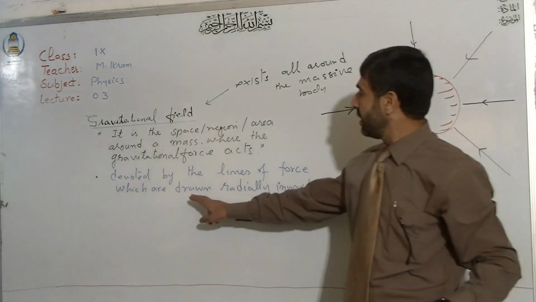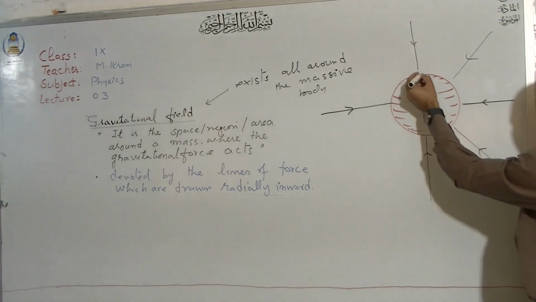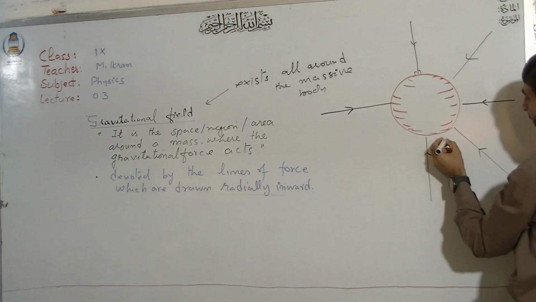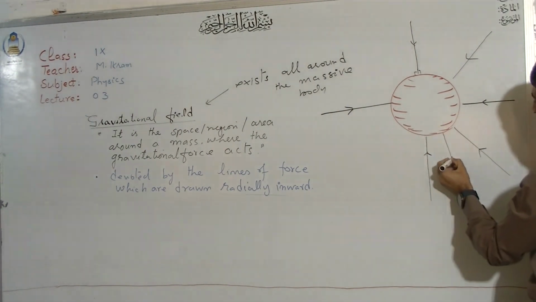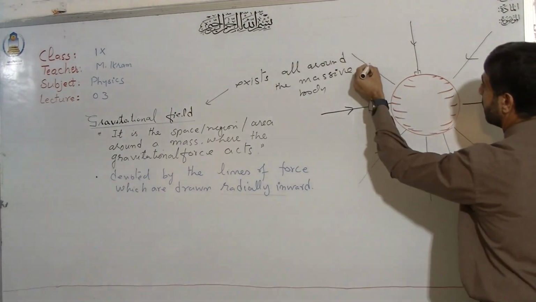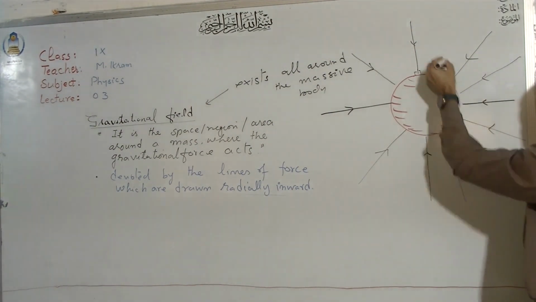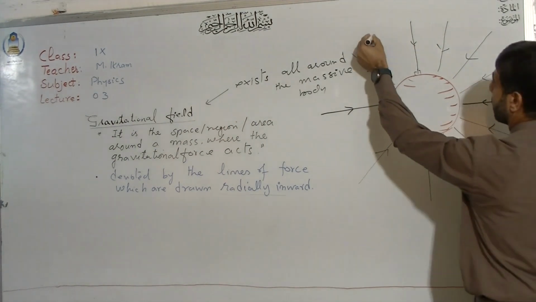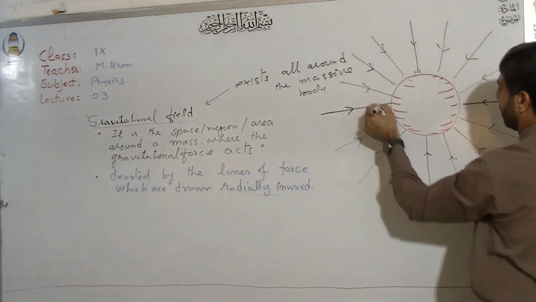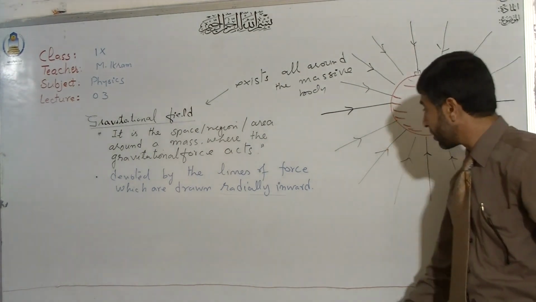By radially inward, I mean that each line makes an angle of 90 degrees with the surface of the object, like this. These are radially inward lines, as you see. These are enough, I think. It could be infinite, we cannot count them.